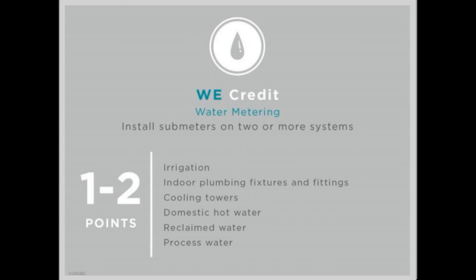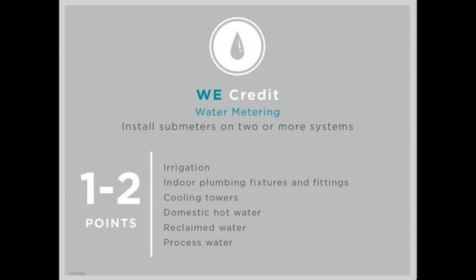Cooling tower: meter replacement water use of all cooling towers serving the facility. Domestic hot water: meter water use of at least 80% of the installed domestic hot water heating capacity, including both tanks and on-demand heaters. For reclaimed water, project should meter reclaimed water regardless of rate.